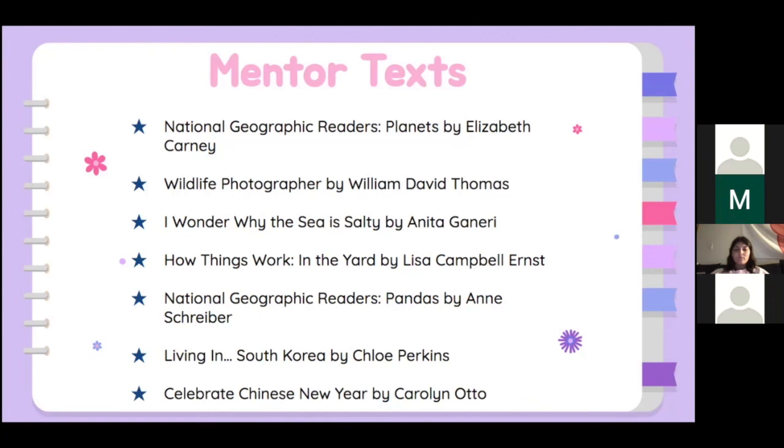The fourth one is How Things Work in the Yard by Lisa Campbell Ernest. The fifth one is a National Geographic Readers About Panda by Anne Schreiber. Living in South Korea by Chloe Perkins. And the last one is Celebrate Chinese New Year by Carolyn Otto.